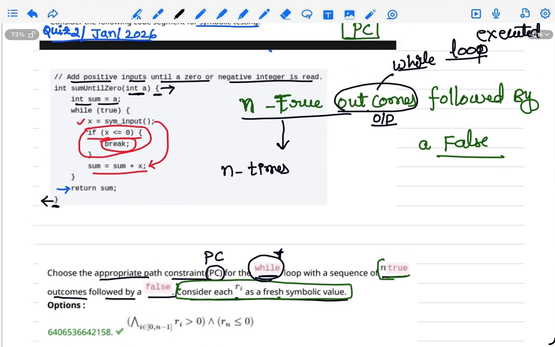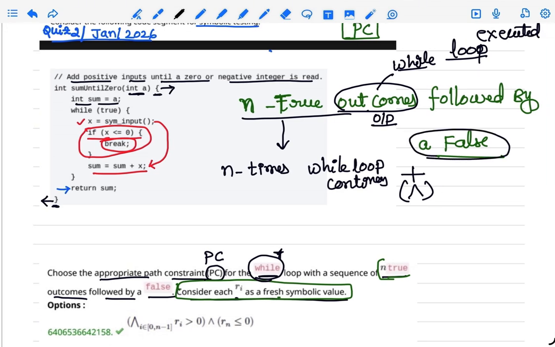That is, n true means n times the while loop continues, followed by a final evaluation, a false.